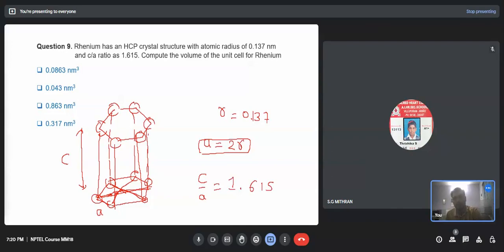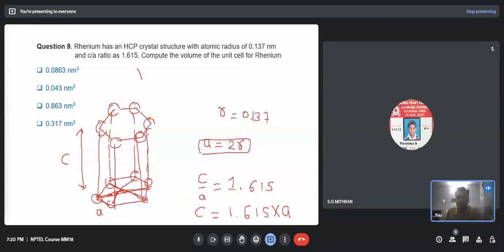Okay, so A value we know already, so C will be 1.615 into A, and we have to calculate the unit cell volume.